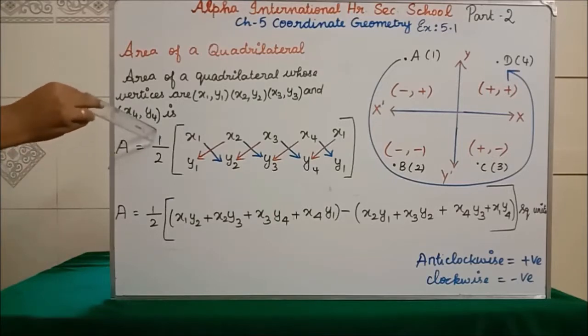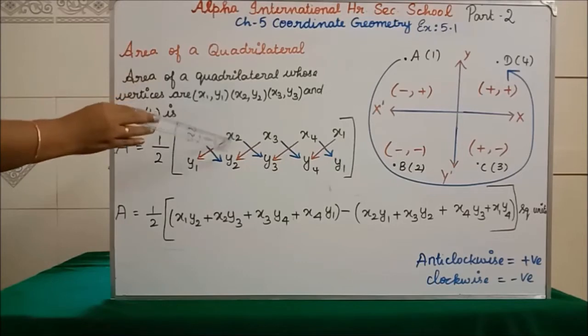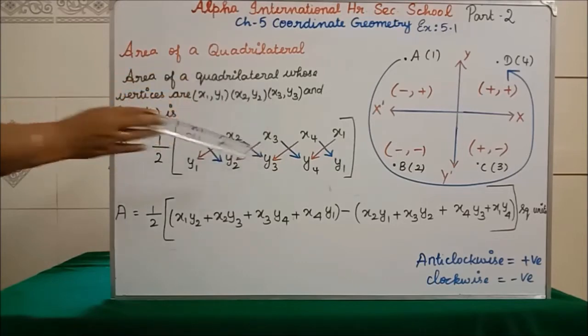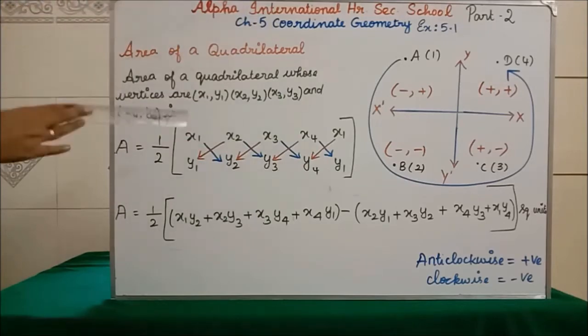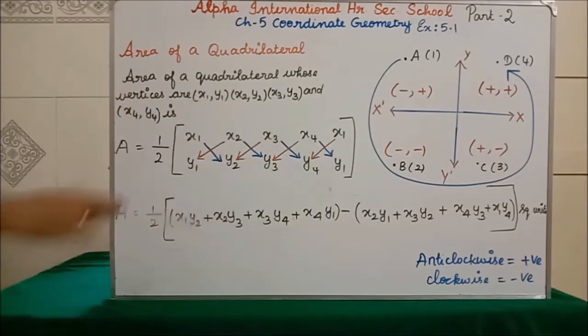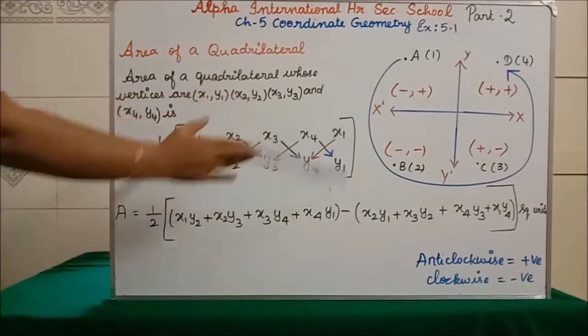Here area is equal to 1 by 2 of the determinant x1, y1, x2, y2, x3, y3, x4, y4. How we did in the area of triangle? Whatever we write first, we will write at the last, isn't it? See, x1, y1, x1, y1.